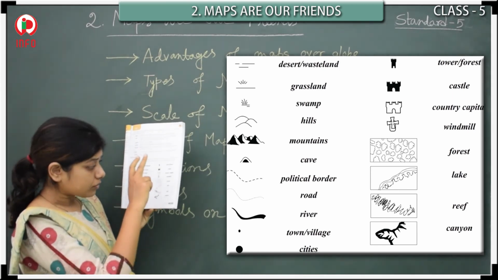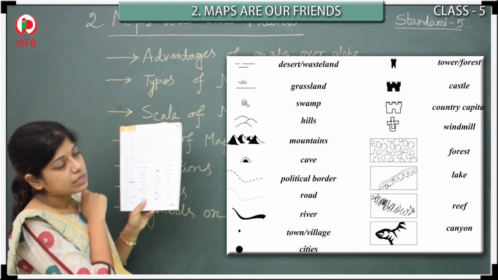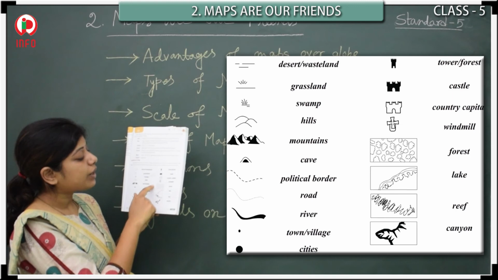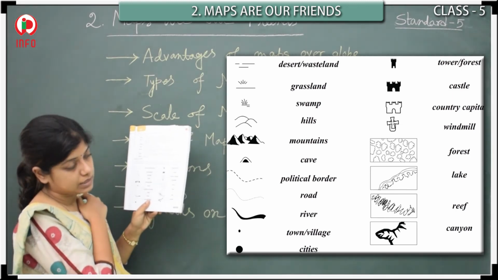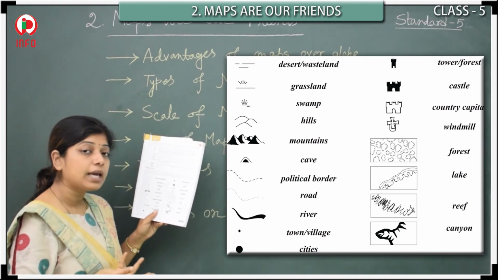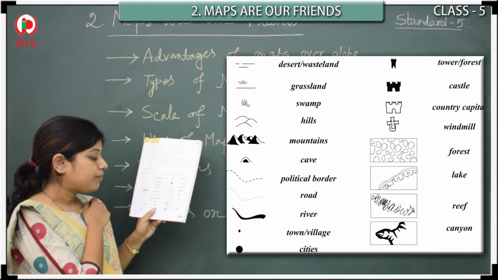The windmill, see here, is represented with the help of this kind of symbol. Next, different forests are represented by this kind of symbol. Next, the lake: if there is any lake, it is represented by this kind of symbol.